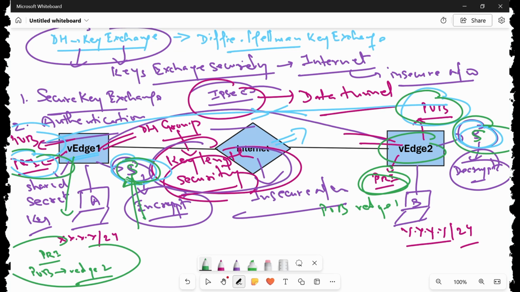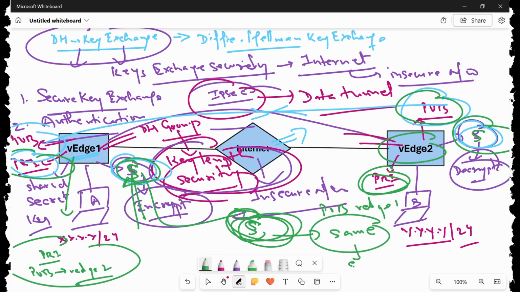After computing, these shared keys will be the same at vEdge1 and vEdge2, because the same key will be used to encrypt and decrypt the data traffic or the IP packet.